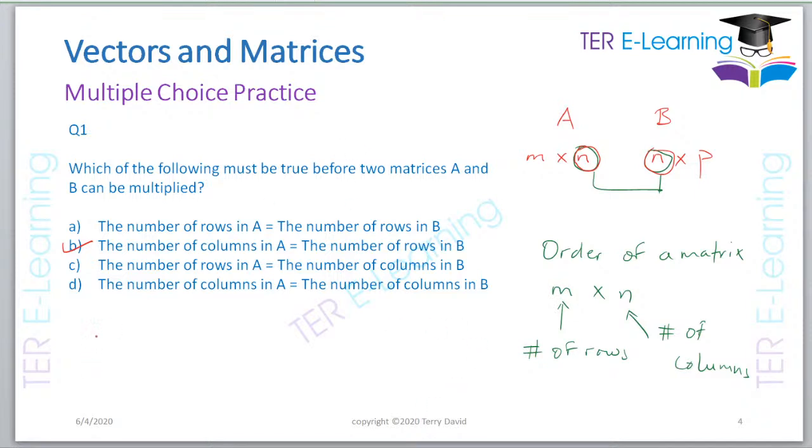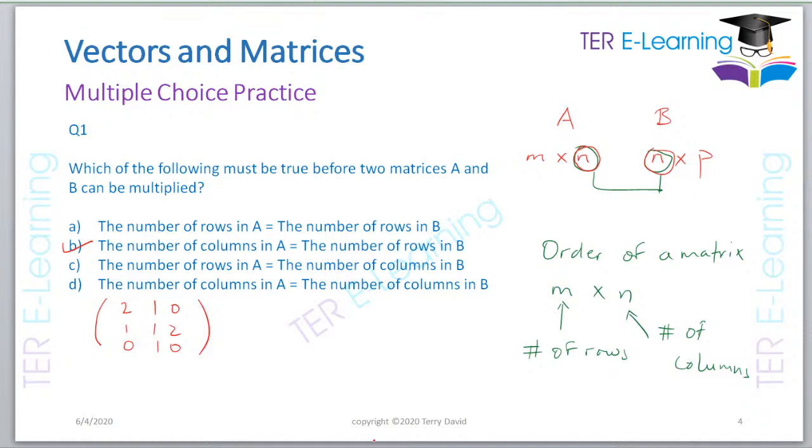So for example, let me ask something. If I have a matrix like this, let's say 2, 1, 0, 1, 1, 2, 0, 1, 0, what is the order of this matrix? Based on what I just said, the order of a matrix is written as M by N, where M is the number of rows and N is the number of columns.